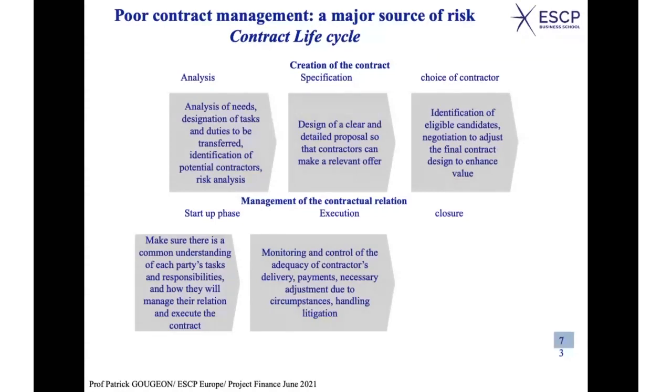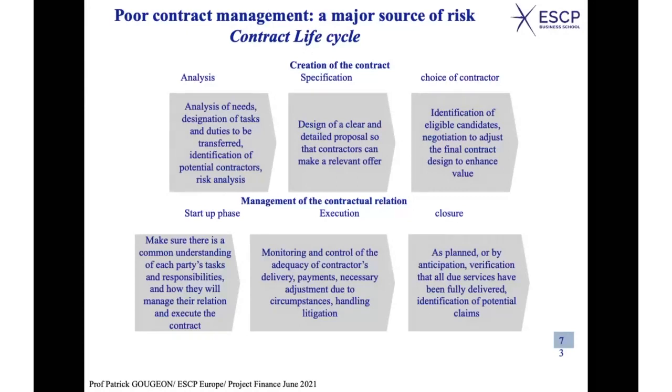And then you have the closure, indeed. It can be as planned if everything went well, or by anticipation for any type of reason. You have to verify that all that was supposed to be done has been done, all due services have been fully delivered. And that's an important point. You have to identify potential claims.